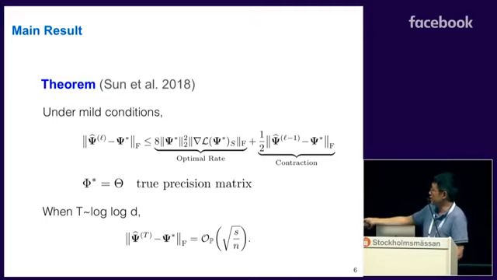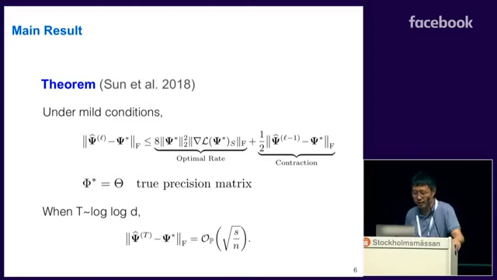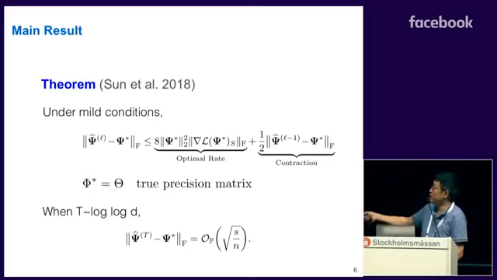And then this one basically gives you this rate. This rate comes from here. Essentially, it says that the error will be square root of S over N, which is basically the rate you will have in terms of S.